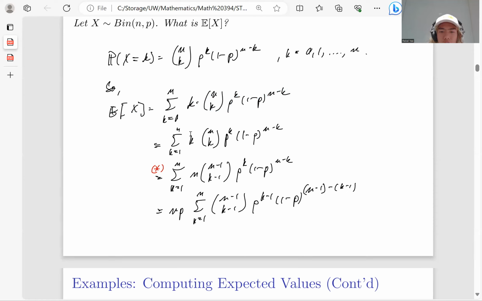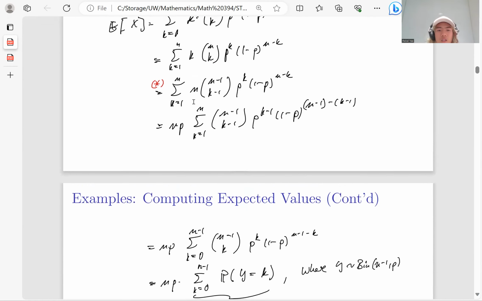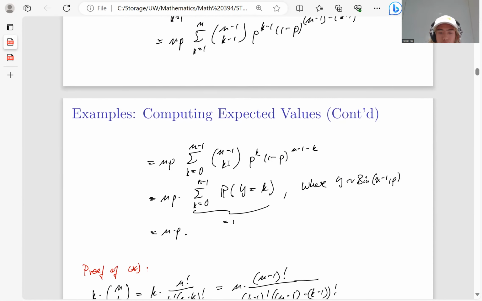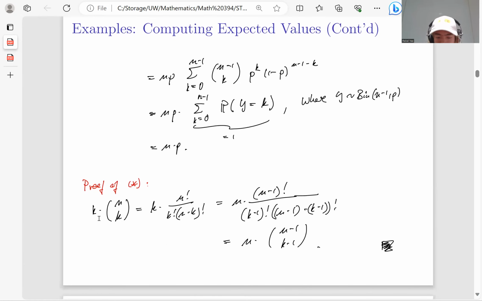The next step is the mysterious step, because we convert k times the combination of n choose k to n times the combination of n minus 1 choose k minus 1. First of all, this term can be written in expanded form, and once we expand it, we can divide the k out and move n out.